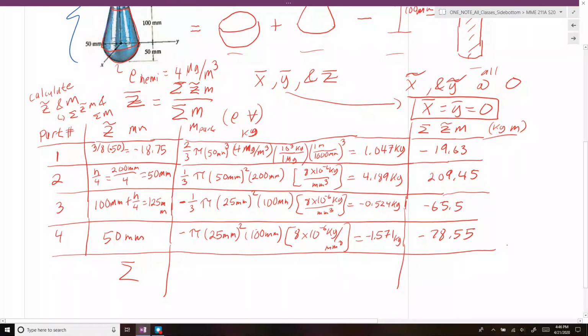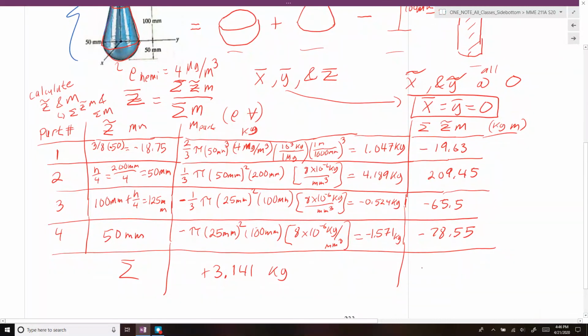Alright, so if we sum up our last two columns, we'll get our total mass and our total value of z tilde times m. So we would get a positive 3.141 kilograms for our mass, and then our z tilde times the mass of our part would be equal to 45.77 kilograms per millimeter.